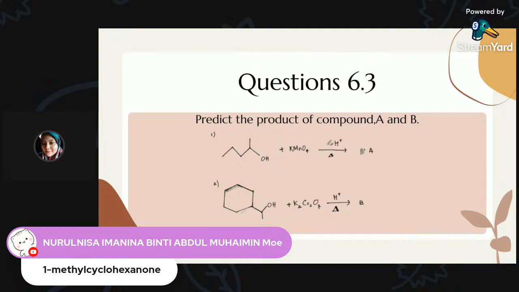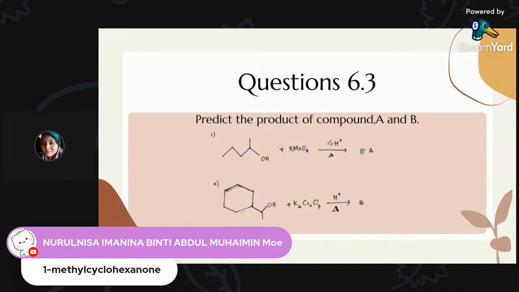Okey. Kenapa dia tak jadi cyclohexanon? Okey. Sebab cuba tengok kat sini. Okey, OH ni akan diganti dengan double bond O. So kat sini, karbon nombor 1, karbon nombor 2. Okey, saya tunjuk ni. Karbon nombor 1 dan karbon nombor 2 tu akan jadi parent chain. So, you akan dapat 2 cyclohexyl. Okey, 2 cyclohexyl.